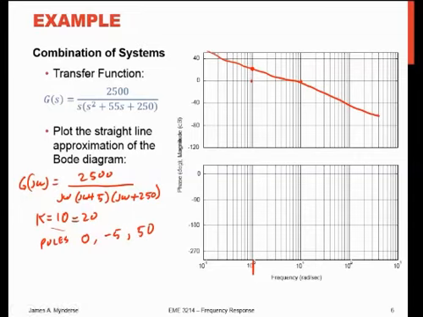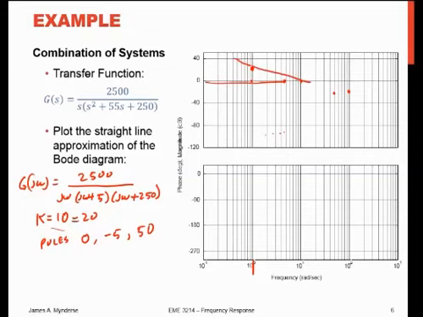I have my pole at 5, 2, 3, 4, 5, right there. So that goes here and rolls off at 20 dB per decade. And my line is pretty rough, because this should really go here, and then this one goes there.